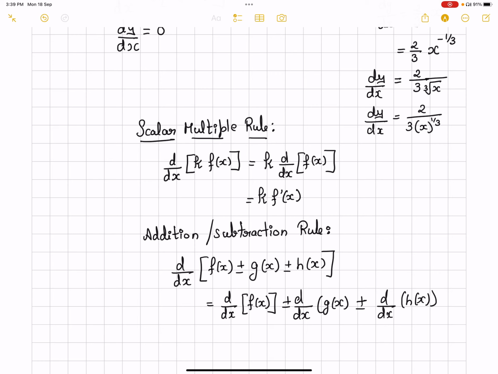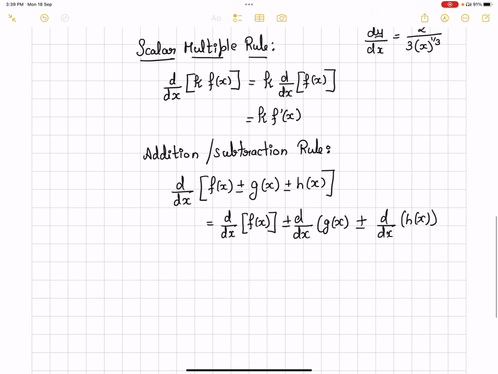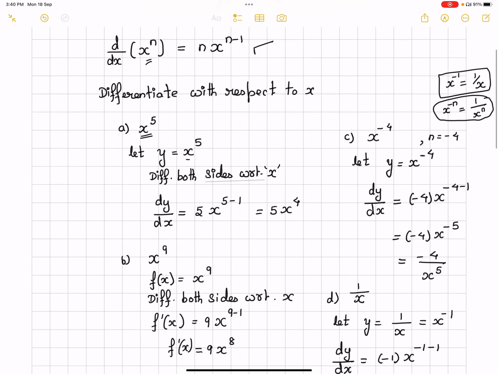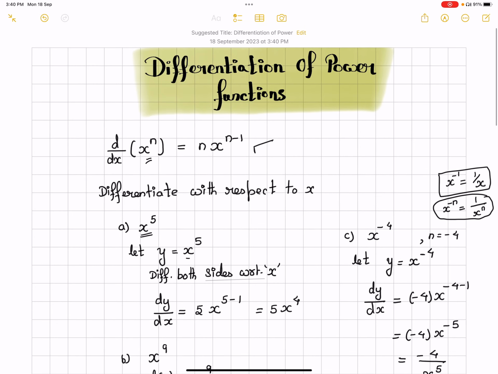So I would get f dash of x plus or minus g dash of x plus or minus h dash of x. These are the two things we are going to use in our problems, especially in differentiation of power functions.